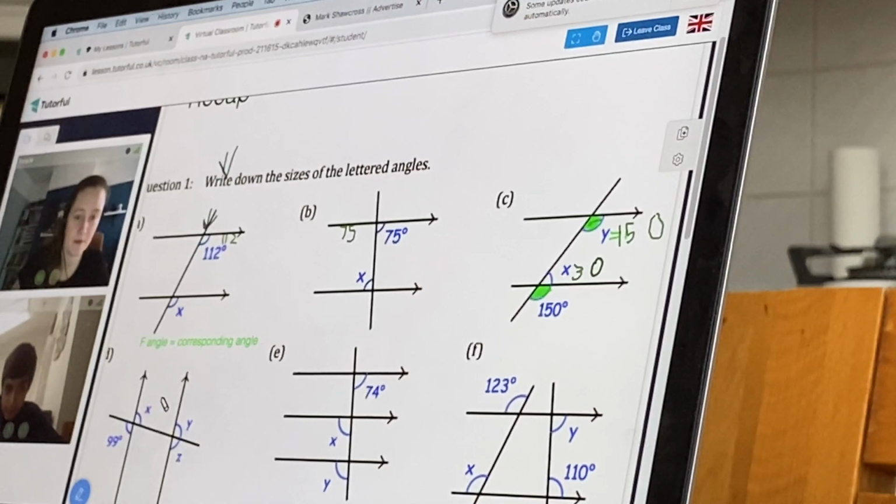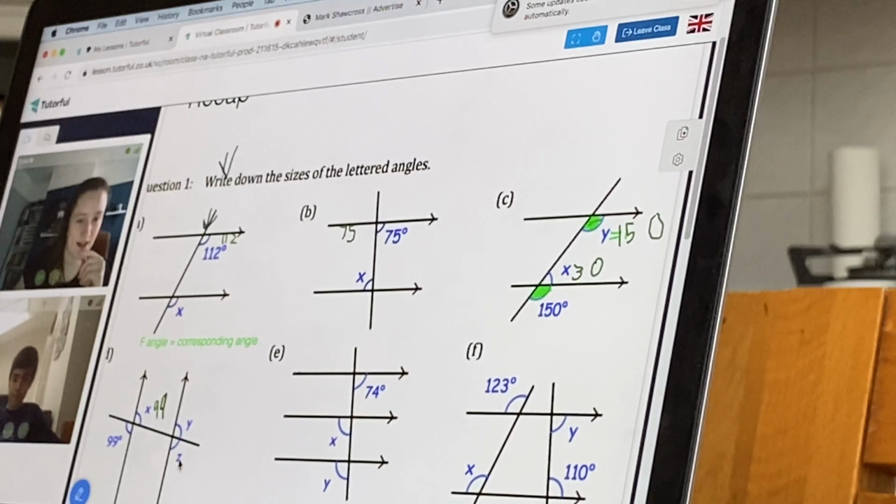Because it's the sides the same. So 99 is going to be this one, isn't it? Oh yeah, and x is 99. Yeah, brilliant. Angles that are opposite each other, that cross like two of the same line, if they're opposite, they're equal.